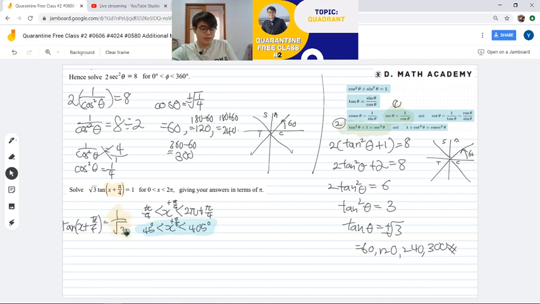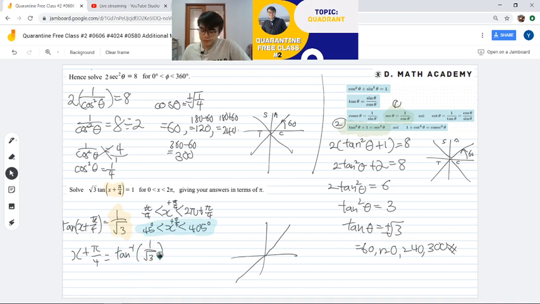It's only plus, which means that the range that we're looking for will be at the first and the third quadrant. Okay, so let's figure out what results we've gotten first. In your calculator, you will get x plus pi over 4 equals to tangent inverse 1 over square root 3. Okay, so we get the result as 30. So this thing here is trying to tell you it's 30 degrees.